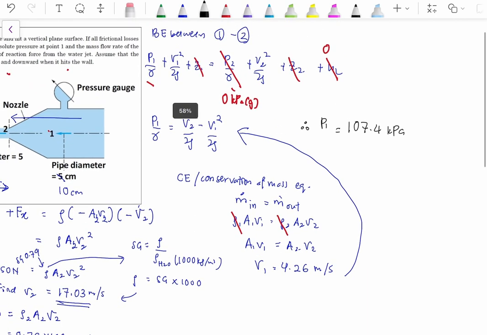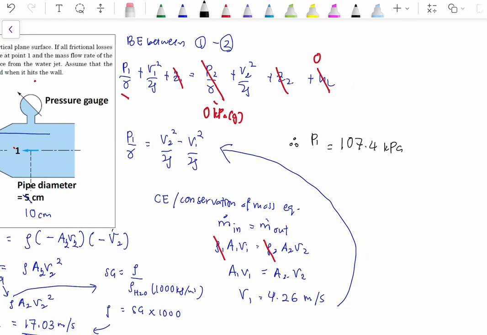Okay, please remember here, in this Bernoulli equation, in the first place, you defined your P2 to be 0 kilopascal gauge. Automatically, the answer that you get here, your P1, is also in gauge pressure.